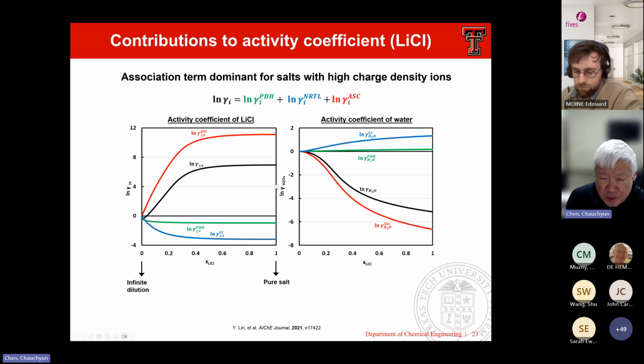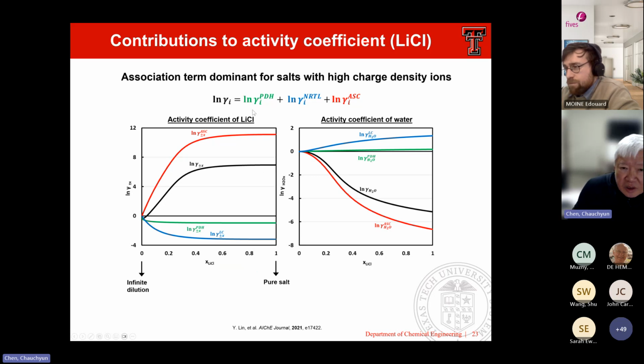Looking at details of the representation of the gamma expression, we show that for lithium chloride, this is a highly associating system. The data is shown in the black line, of course representing data and its extrapolation.